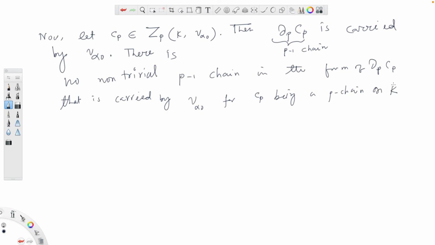Okay, so it's easy to check. I would ask you to convince yourself that for p equal to 1 it holds. This case p equal to 1, when we have a zero chain, so that ∂p of c_p is a zero chain.